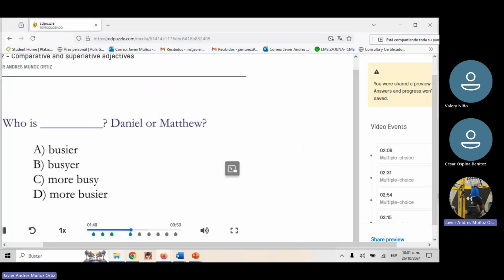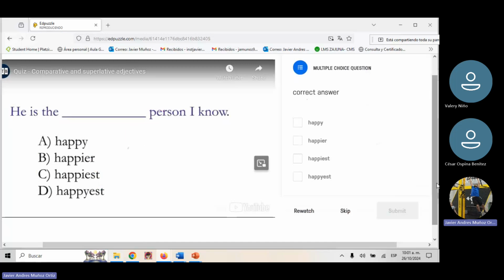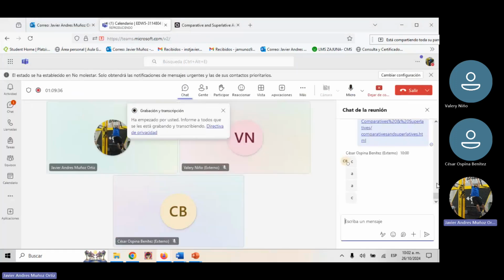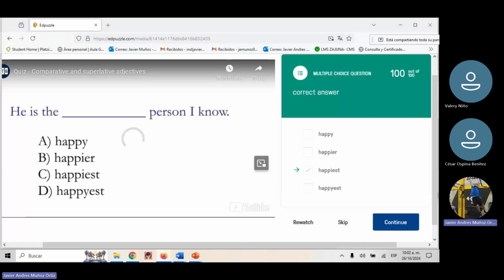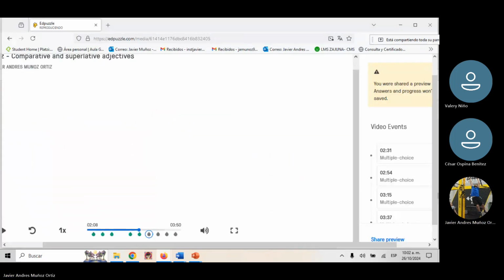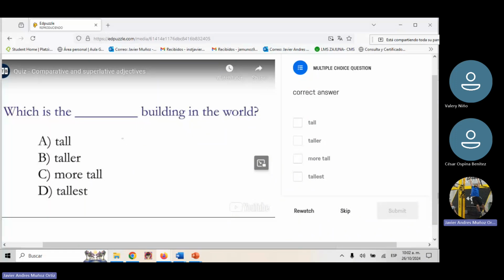What's happening here? He is the person I know. Happy, happier, happiest, happiest. Okay, happiest, option C, and the answer is correct. Good. Which is the building in the world?